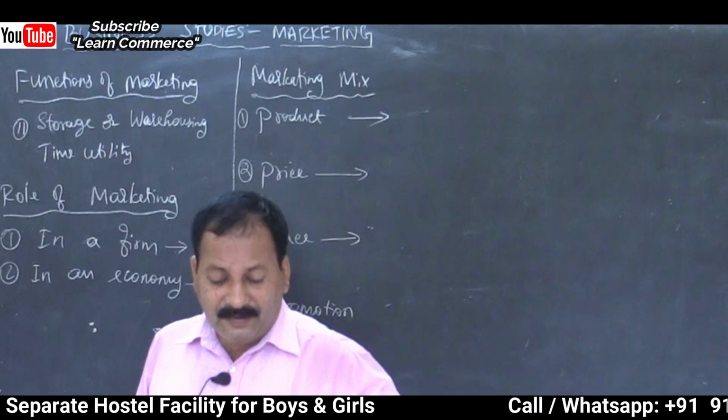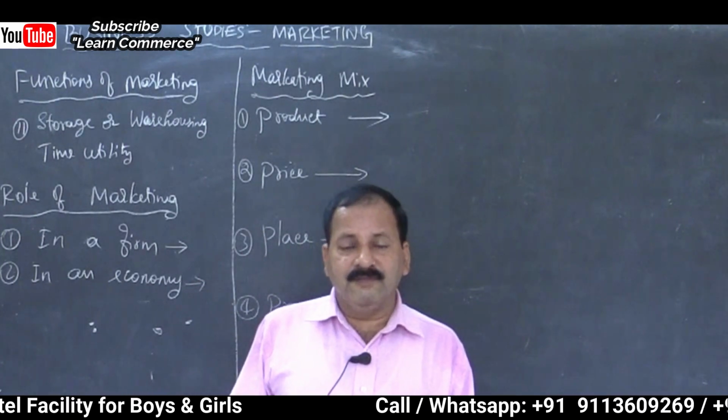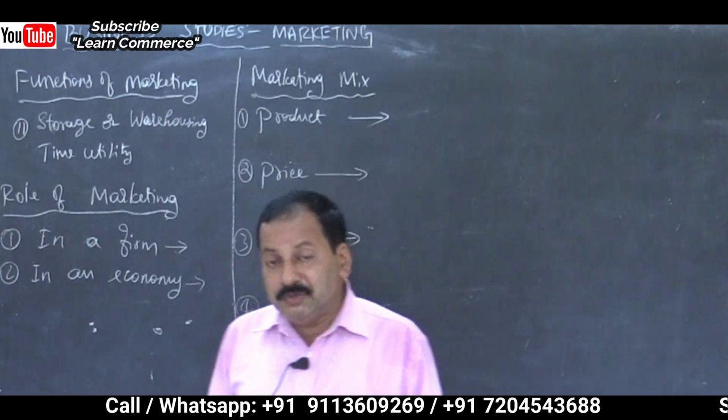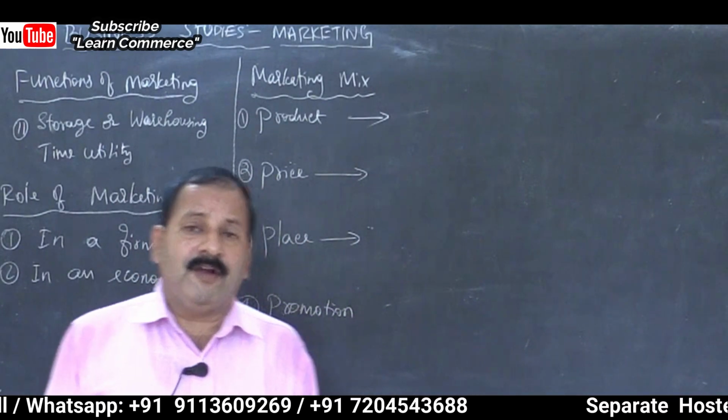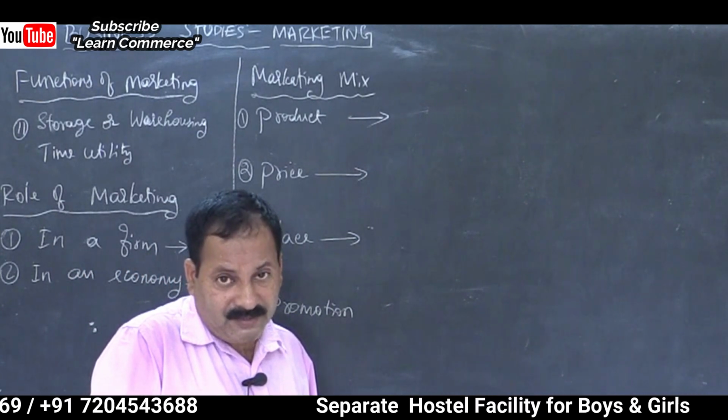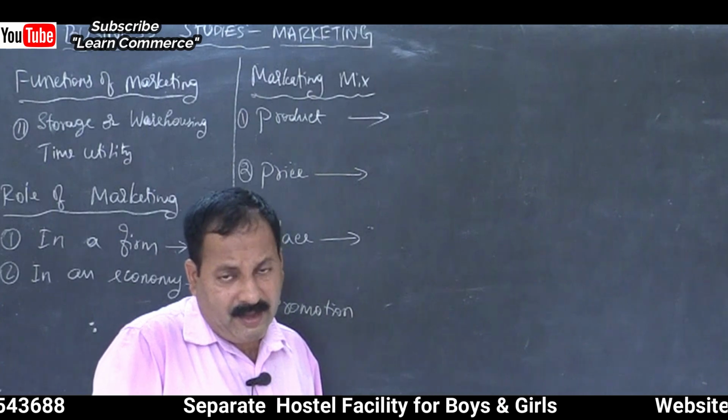So it's the duty of the marketer to produce the goods which are required by the people of the country. So that is the role of marketing in an economy.